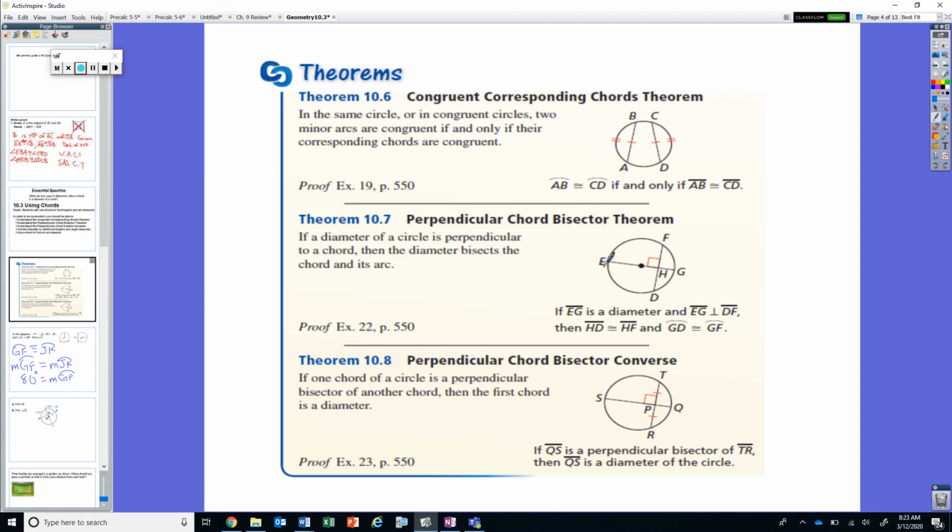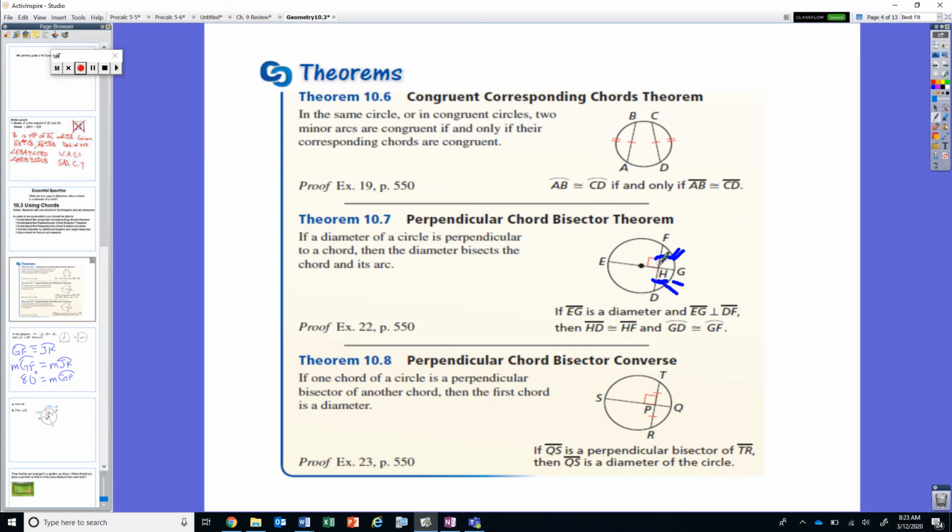So what this tells us here is that EG is a diameter. We know this because it goes through the center of the circle. If it's a diameter, it is going to intersect a chord and be perpendicular to it. If this does happen, it actually bisects the chord and bisects the arc as well.